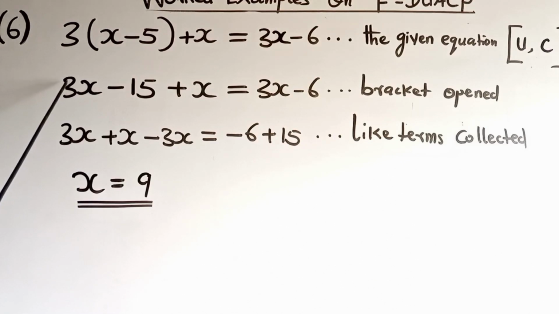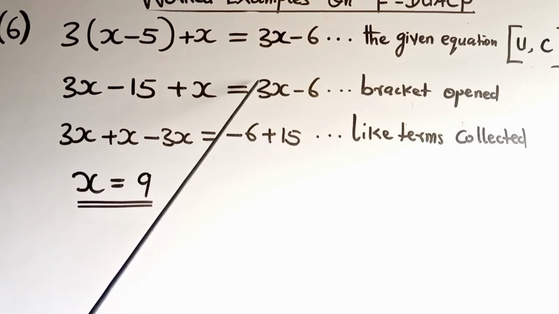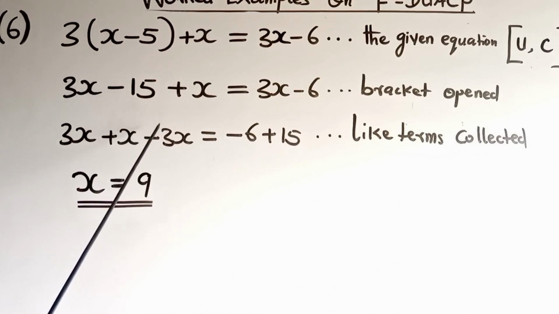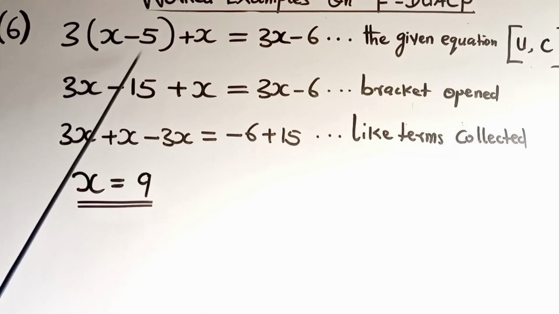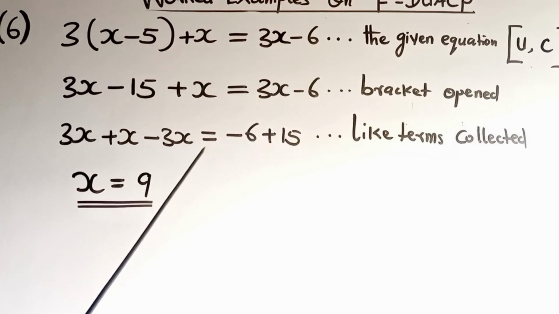So 3x and 1x are together. The signs are maintained. Why? They didn't cross. But this plus 3x has become minus 3x here. Why? It crossed. This minus 15 will also come to join minus 6.